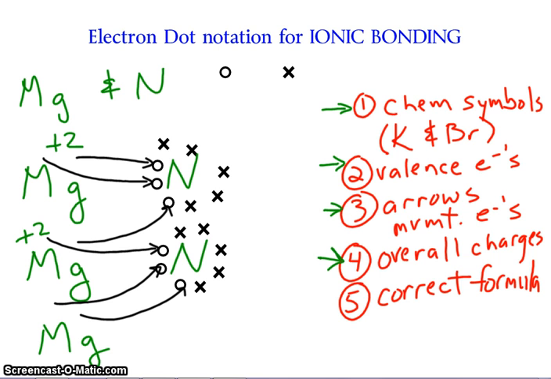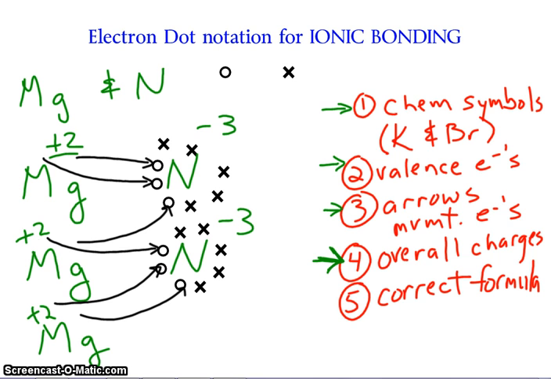We're done, because now all the magnesiums have the octets of their inner electrons on the outside. Both of the nitrogens have filled their valence level. Because each nitrogen gained 3 negative electrons, they each have a -3 charge. So now I have satisfied number 4 with overall charges.